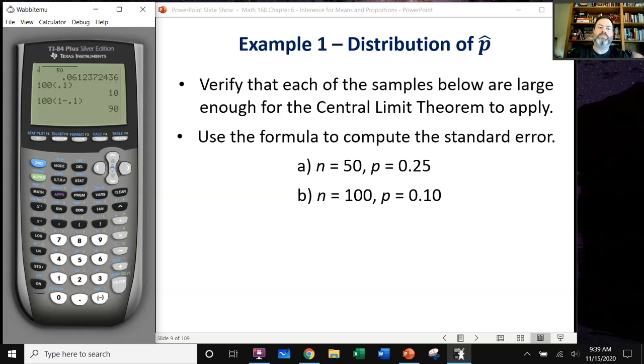Right, so both of these are larger than 10, so we can use the standard error formula. So build a radical, put your fraction in there, and just type it in the way it looks. 0.1 times 1 minus 0.1 over 100. And it works out pretty nice.